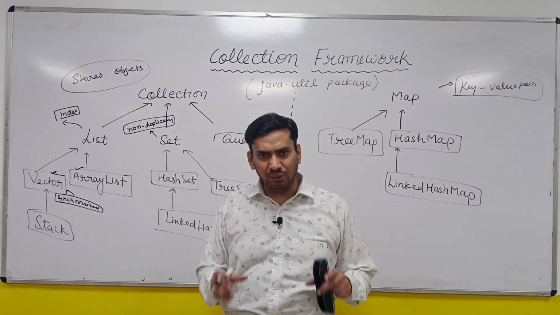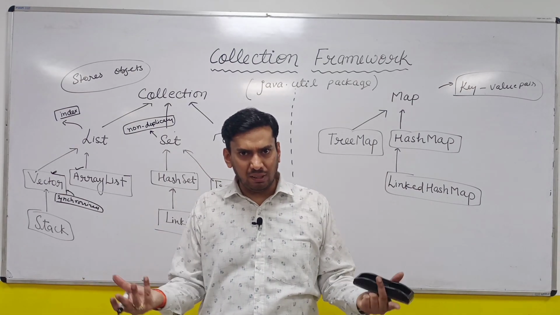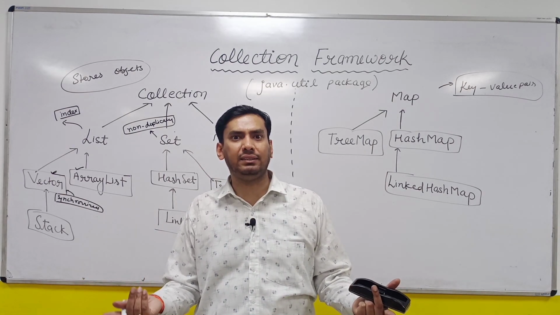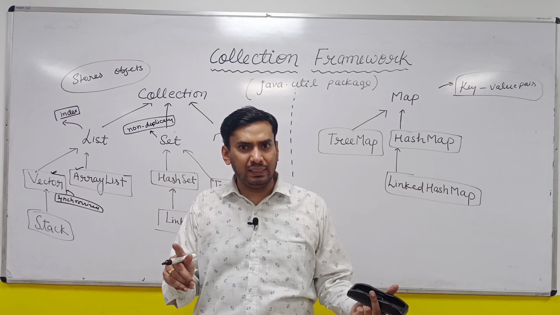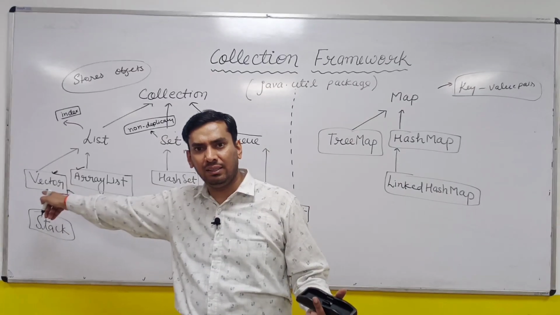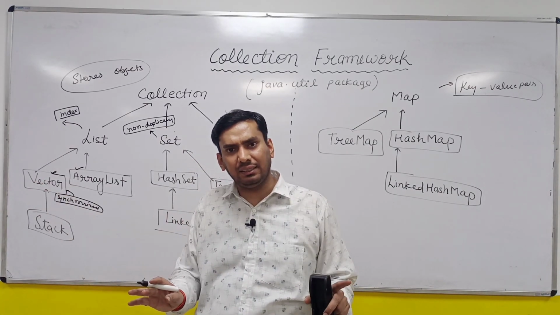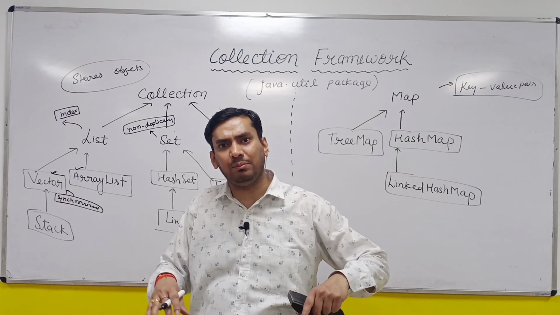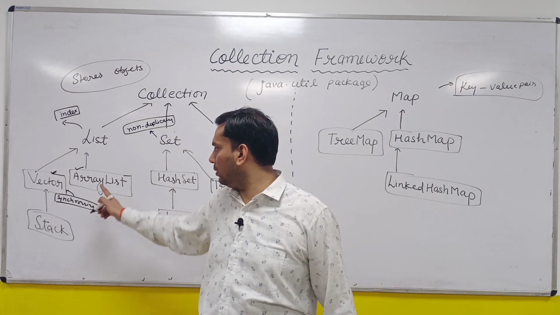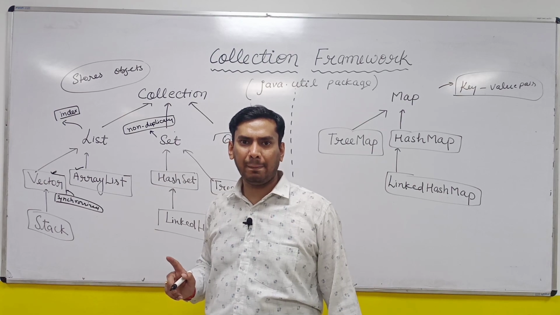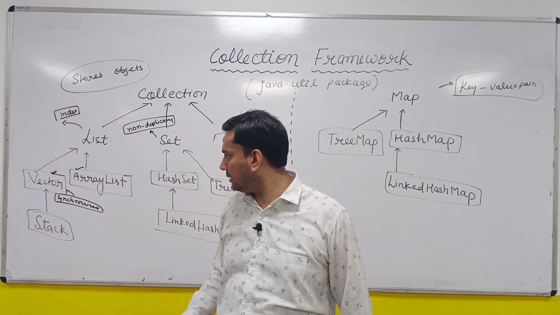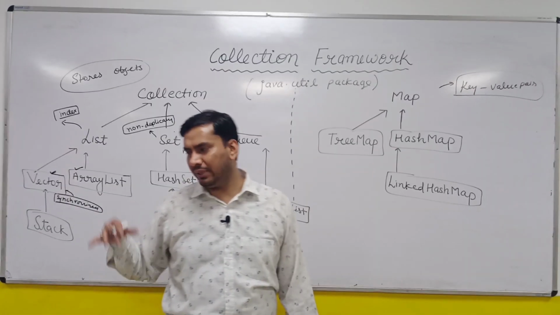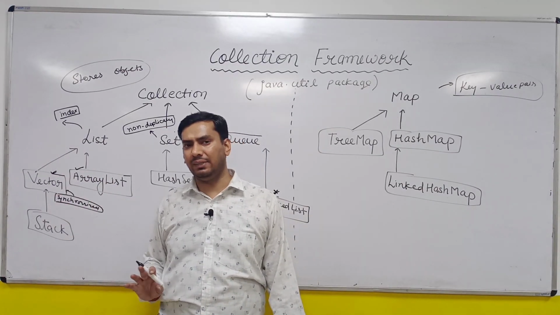If you feel that you have created some collection or data structure which should be accessed by only one thread at a time, you will go with vector. But if you feel that my data structure should be accessed concurrently by multiple threads, then you will go with the array list. Right? Synchronization is not implemented in array list, whereas synchronization is implemented in vector.